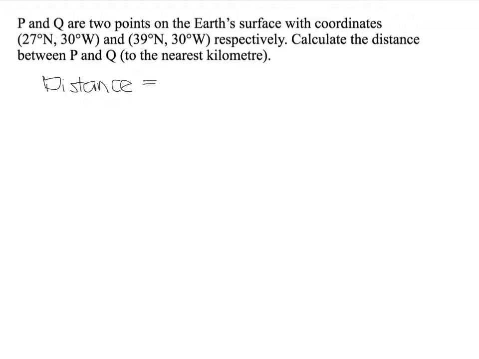Very squeaky today. So the distance is going to be the angular distance multiplied by 111.2. Now we know our angular distance is equal to the difference between the 2 points, so we can say angular distance is equal to difference in latitude.